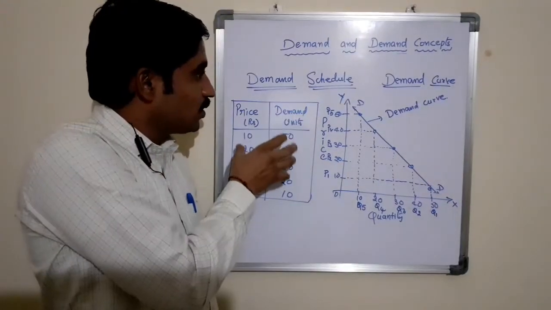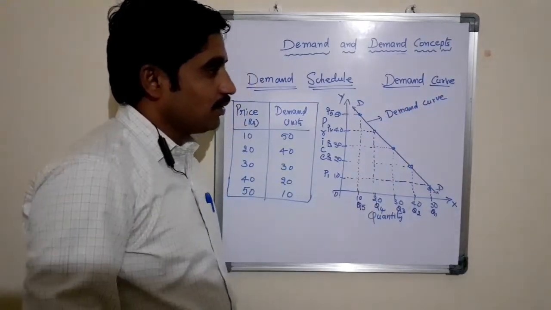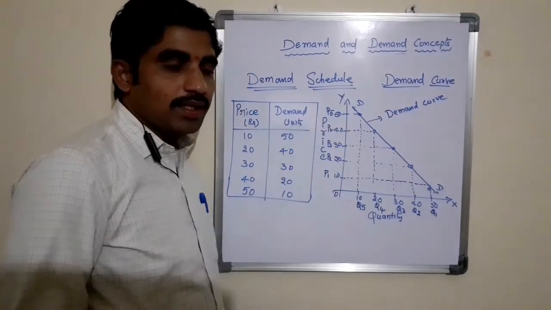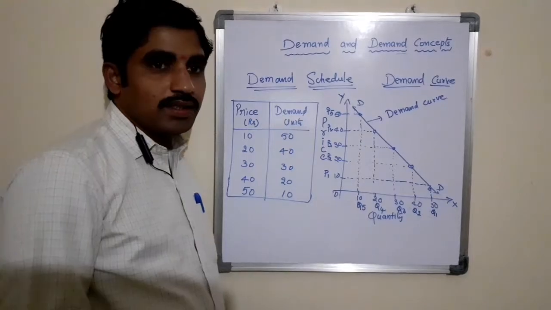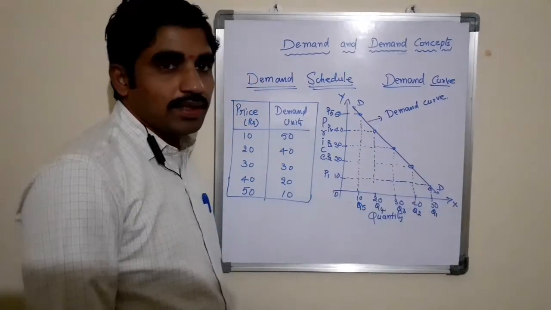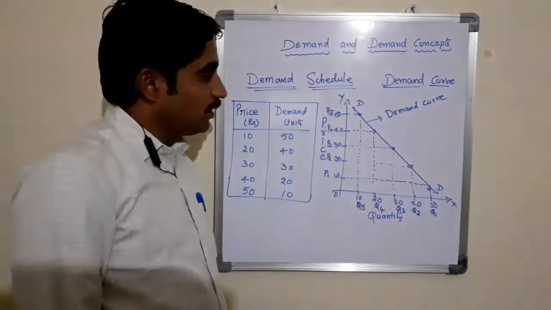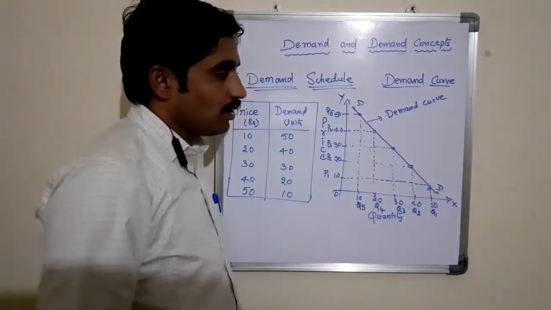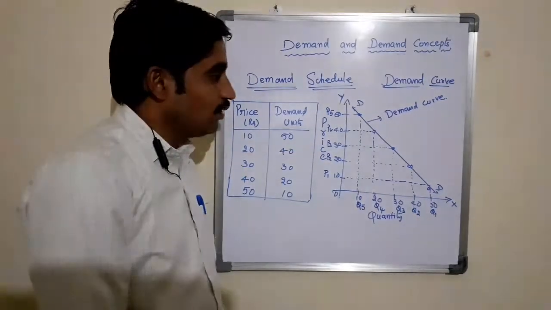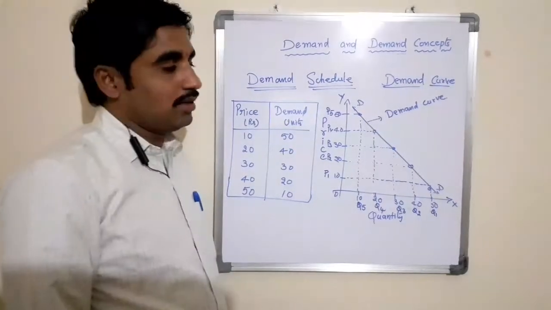The table which is showing this is called the demand schedule, whereas the demand curve is the graphical representation of the demand schedule. The data available in the demand schedule, after plotting these values in the graph, we arrive at one curve which is called the demand curve. This is how we explain the demand schedule and the curve.